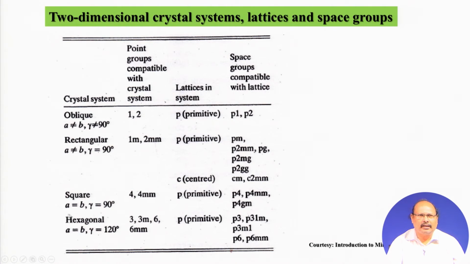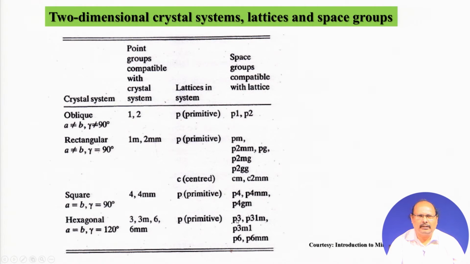And in case of hexagonal two dimensional lattice, where A is equal to B and gamma is equal to 120 degrees, there are four possible point groups of symmetry which can be combined with this kind of plane lattices here. And the primitive type of lattice can be combined with 3.